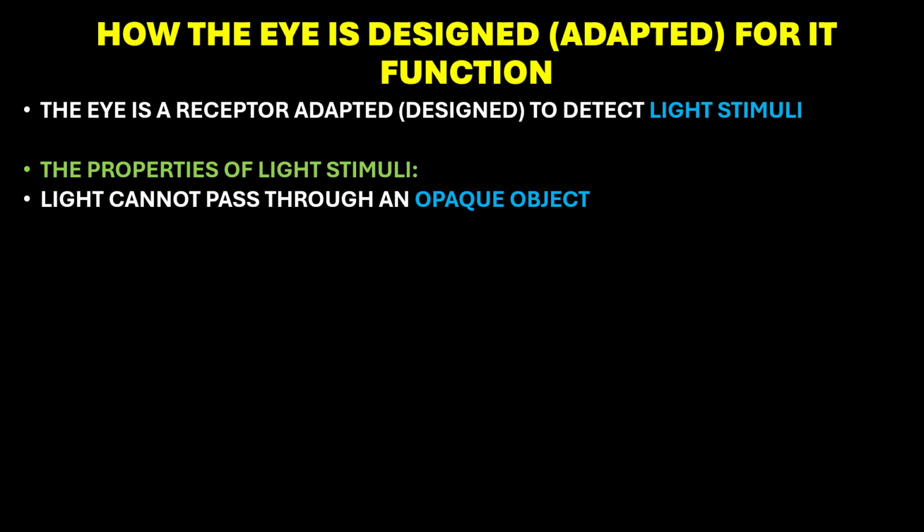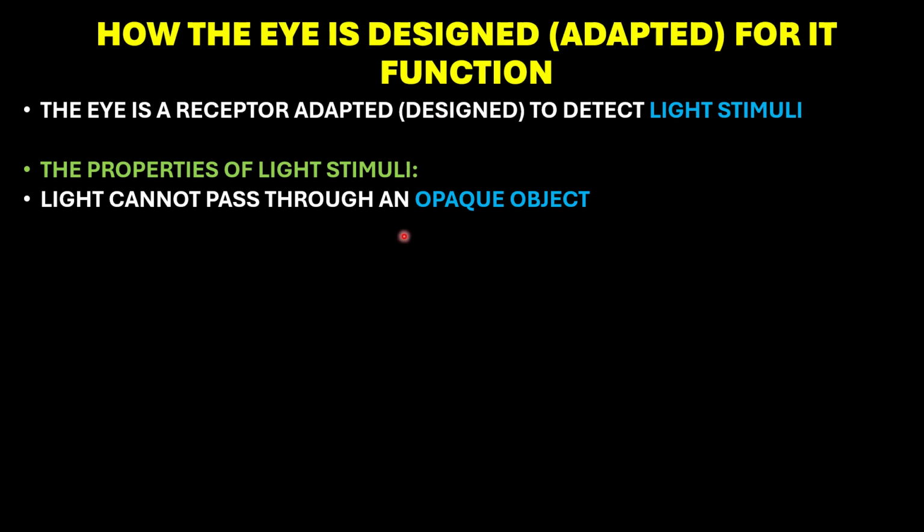One, we have to know the substance you want to detect. Over here, the stimulus being investigated is light. That is a stimulus the eye can detect. So if you want the eye to detect stimulus, we have to know what light is all about. Hence, let us look at some of the properties of light.